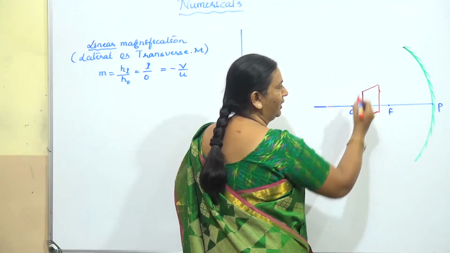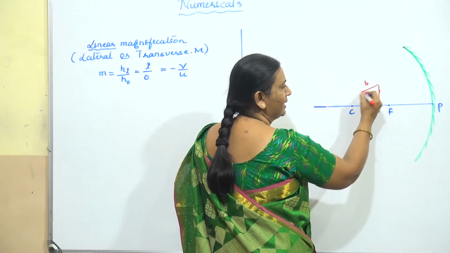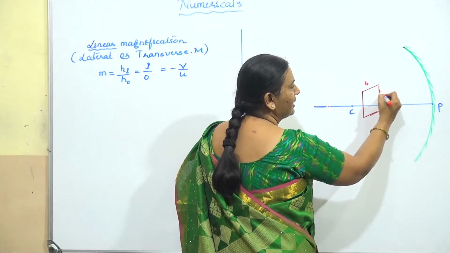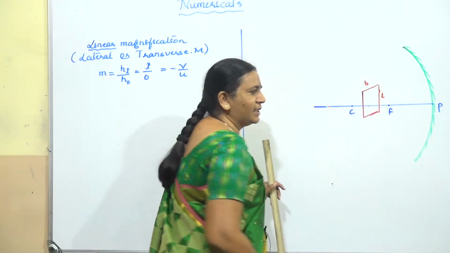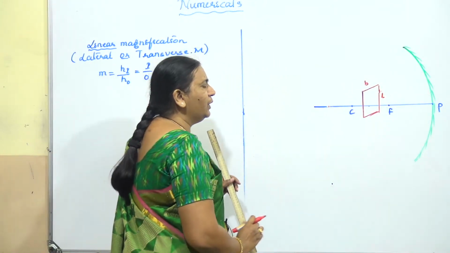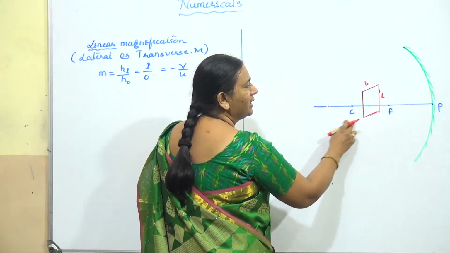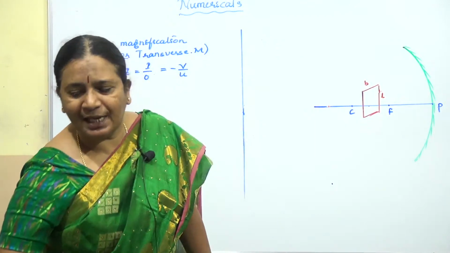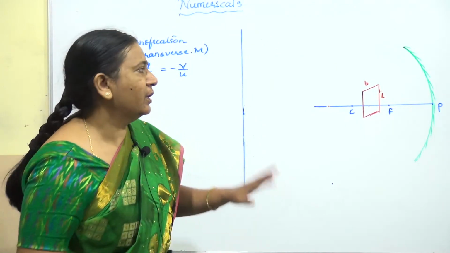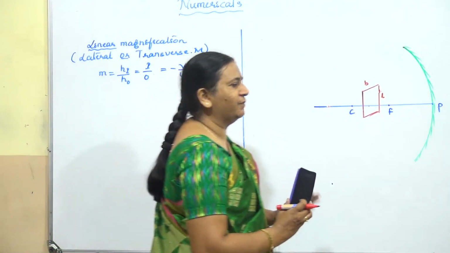Now listen very carefully. If I take its breadth as B and its height, or generally I call it, length as L, so length and breadth for the rectangle. We know that when the object is kept between the F and C, the image has to fall beyond the C, and be magnified.